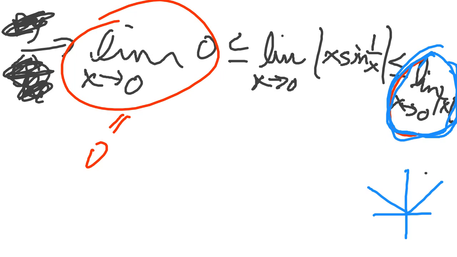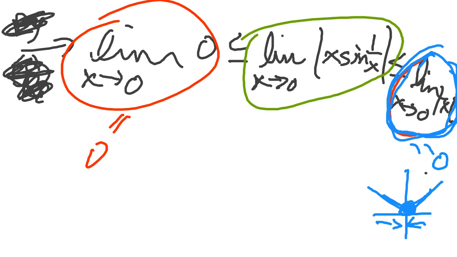That was a base graph shift. As I approach 0 from the right, I approach a height of 0. As my x's approach 0 from the left, I approach a height of 0. So this is also equal to 0. So 0 is less than or equal to this limit, which is less than or equal to 0. So what can I say?